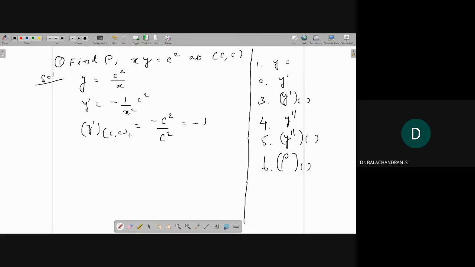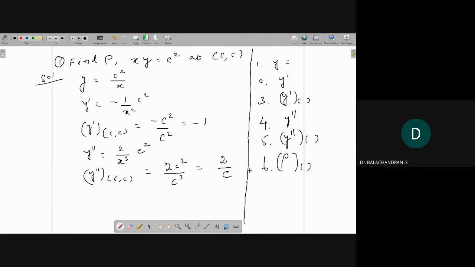Next, y double dash: if you differentiate minus c square by x square, we get 2 c square by x cube. Next, y double dash at the point c comma c is equal to 2c square by c cube, which is equal to 2 by c.